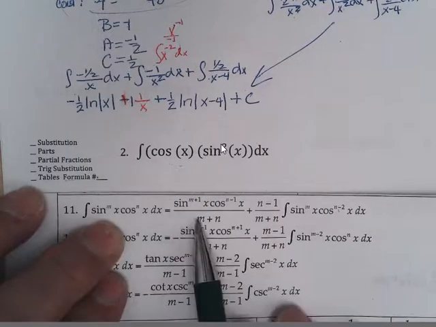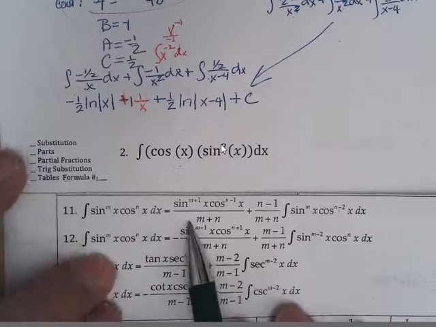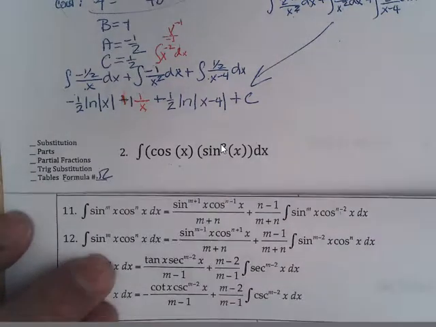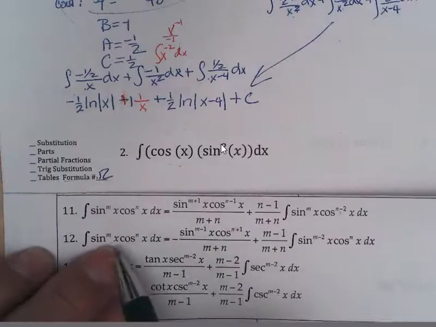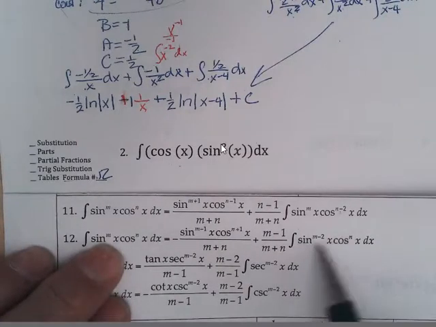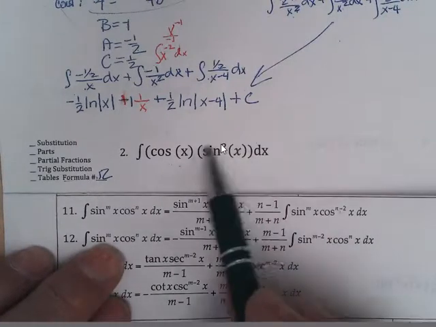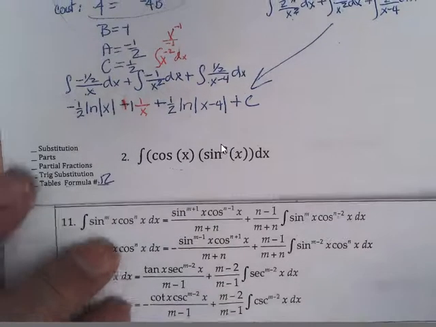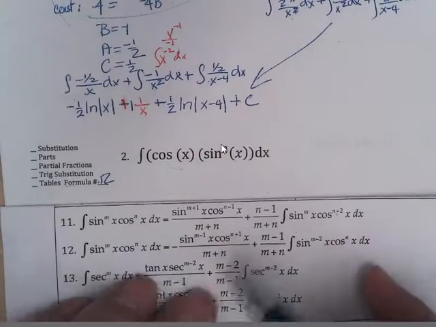That would turn into a negative exponent. We really don't want to do that. But if we use 12, then the sine goes down by 2, which should make it sine to the 0, which should make it disappear. And so that's probably what we want to use.